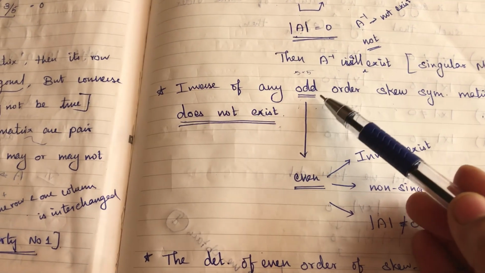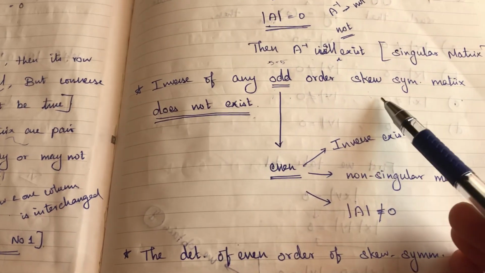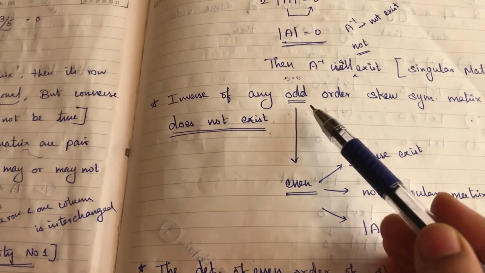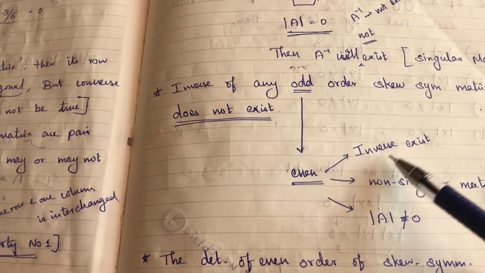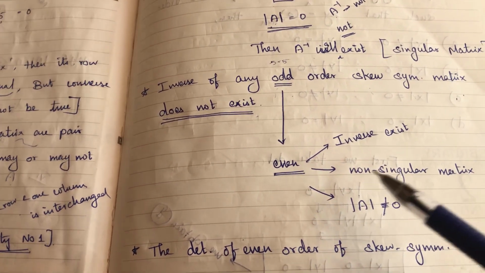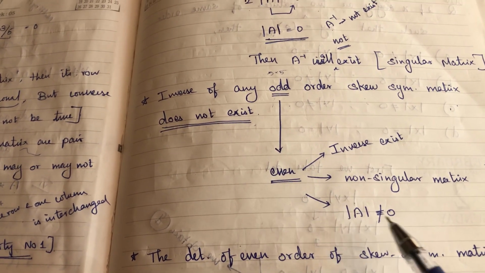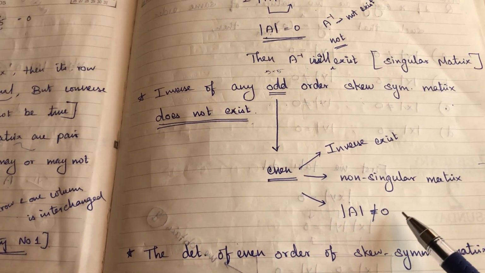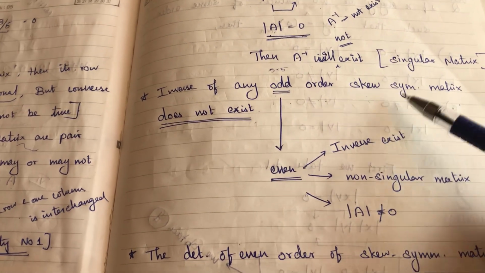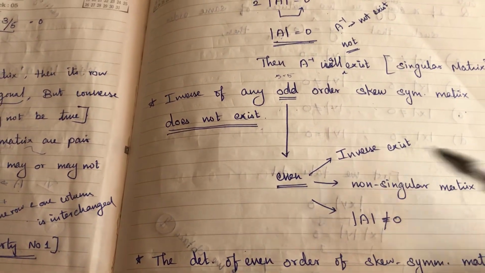Or else, if the skew symmetric matrix has even order, the inverse will exist and this matrix is a non-singular matrix, and this matrix determinant value will not be equal to 0. The same condition but in the opposite way.